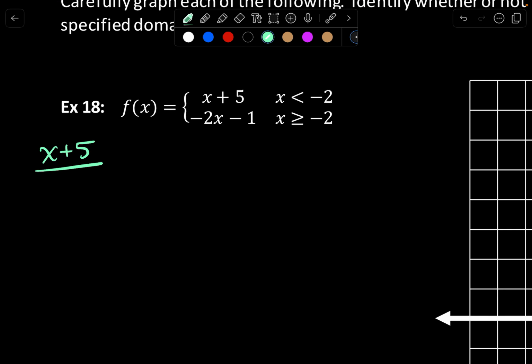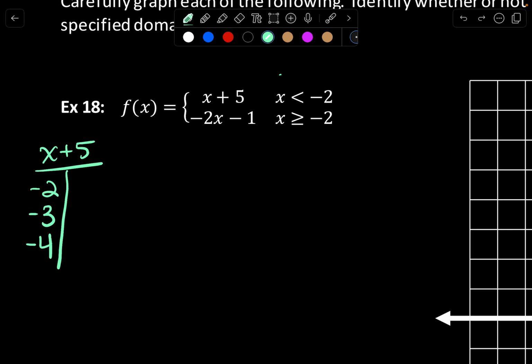At x plus 5, I'm going to want to start with the input of -2 because I want to see what these two pieces are doing as we approach -2. So I'm going to start with -2 here. And because it's specifically for x less than -2, I'm going to go -3, -4. A lot of students ask, why are we using -2 when it doesn't actually equal -2? Why don't we use -3?